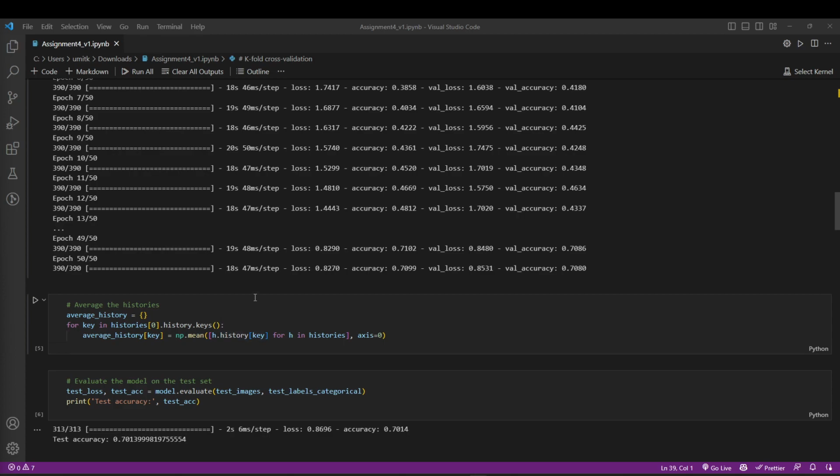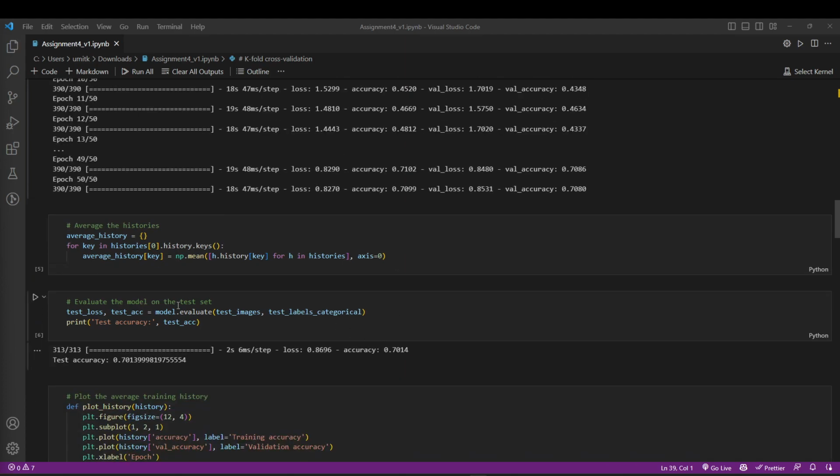And inside the loop, for each metric, the corresponding values from all the folds that were stored in the histories list are retrieved and averaged along the first axis, which is 0. This results in the average value for each epoch for the given metric.